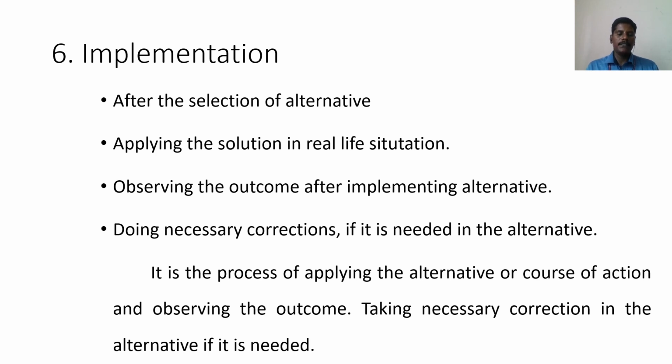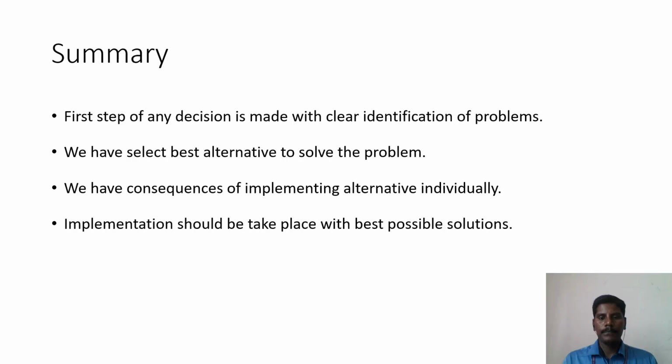So the last step is implementing the alternative and observing whether our decision is okay and not making anybody suffer. If it has been harmful or has made anybody suffer, we need to implement some strategies to overcome such issues. So this is the last step in decision making in managerial economics.